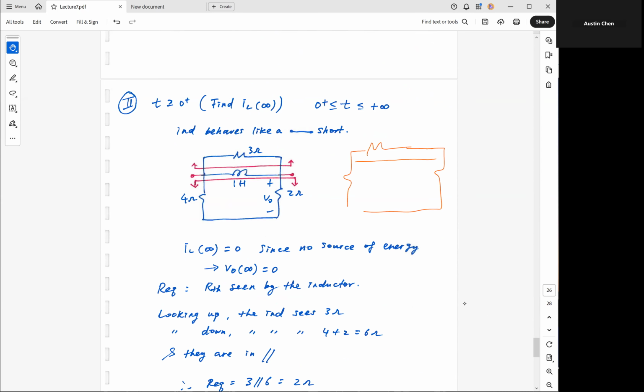This is my inductor after it has been sitting there for a long time, so it's now replaced by a short. So this is 3, this is 4, and this is 2, and this is V0. So to find V0 at infinity.